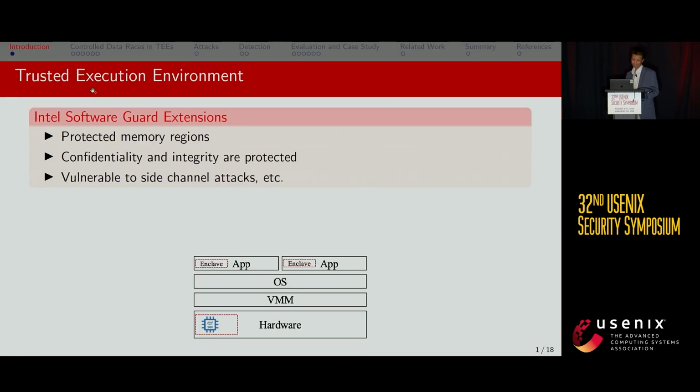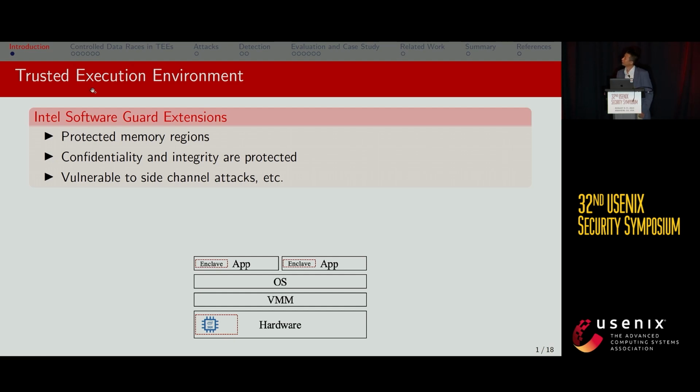Okay, so everyone here knows the TEE, and we mainly focus on the Intel SGX. The Intel SGX is a protected memory region with its confidentiality and integrity protected. At the bottom is a basic structure of the Intel SGX scenario.